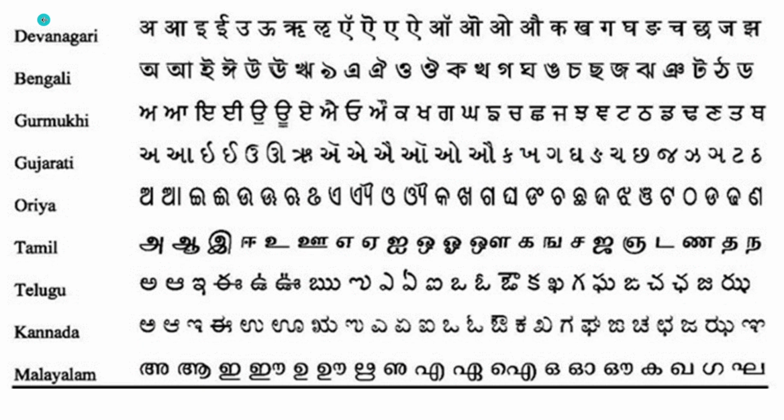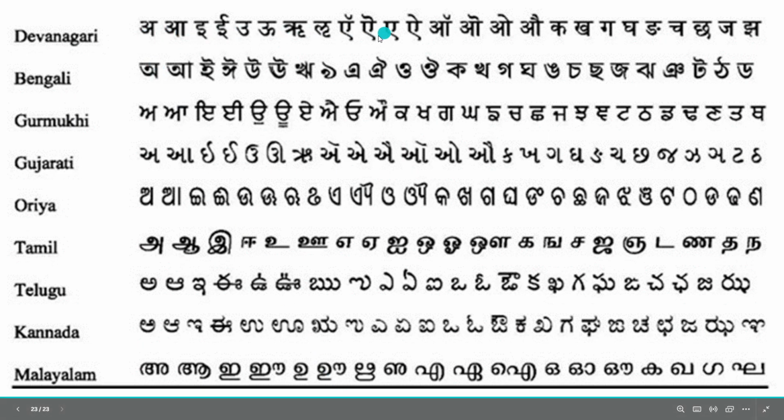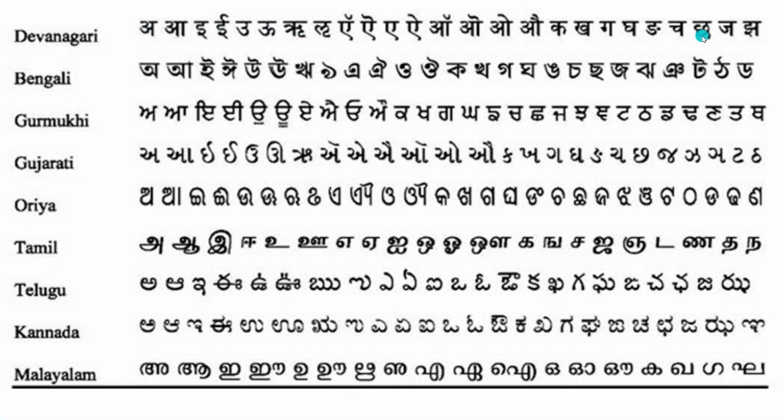So these are all the languages I've mentioned so far. Devanagari is just lines on top, the default Hindi language. This is Bengali. Bengali has triangles everywhere, and you can see it's more curvy than Hindi, more styled.